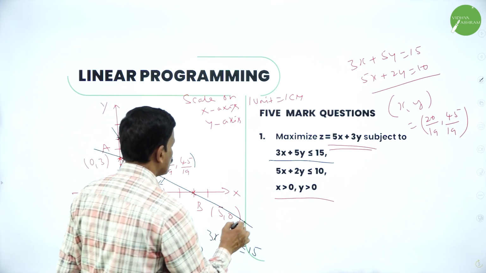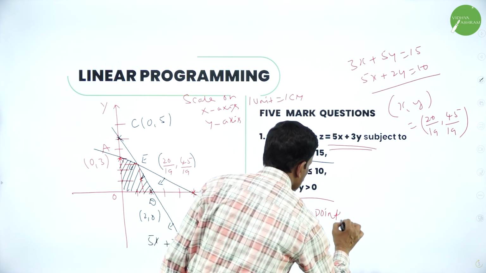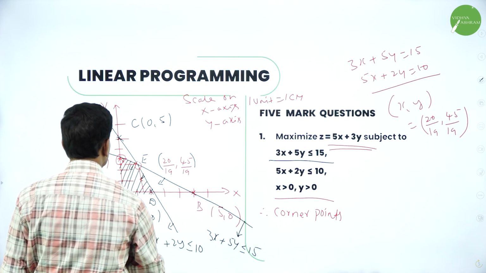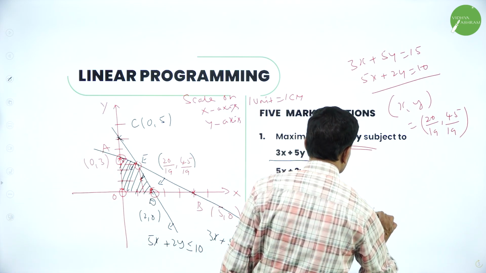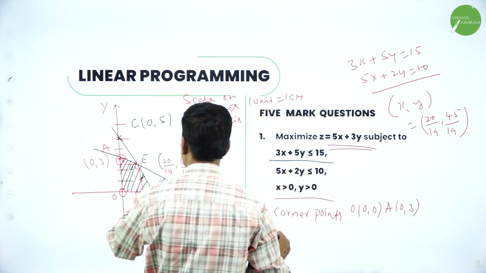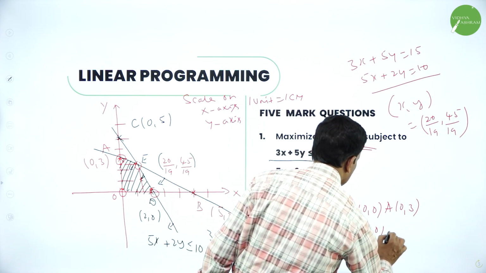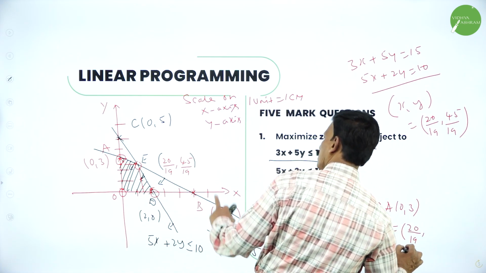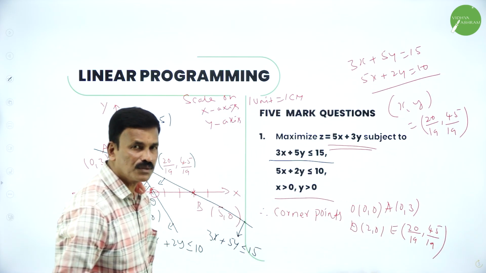Now, what are the corner points? The corner points are O, A, E and D. So O is (0, 0), then A is (0, 3), and D is (2, 0), and E is equal to (20 by 19, 45 by 19).